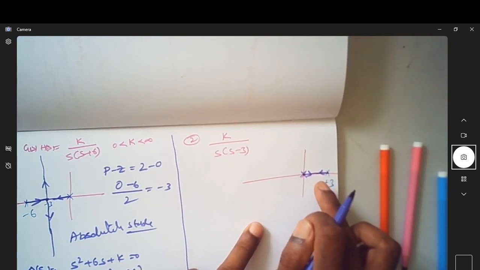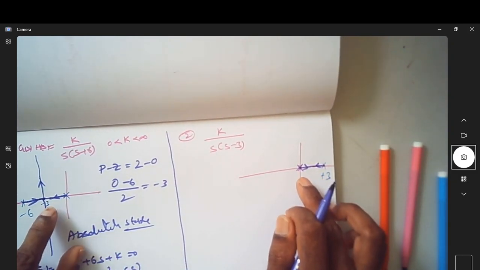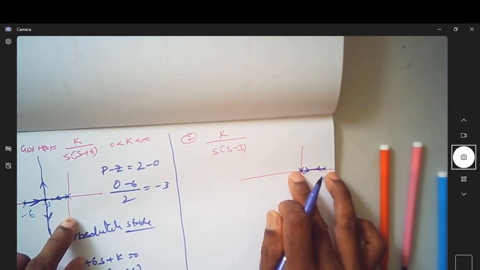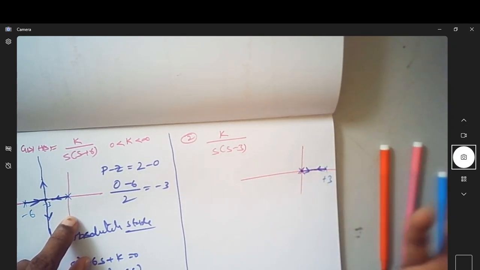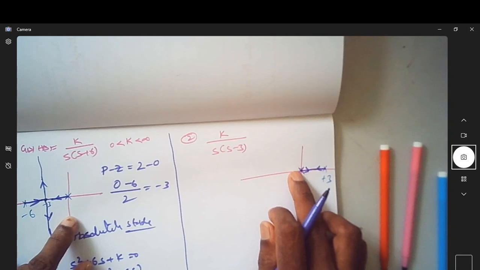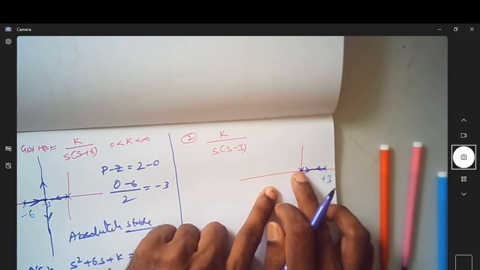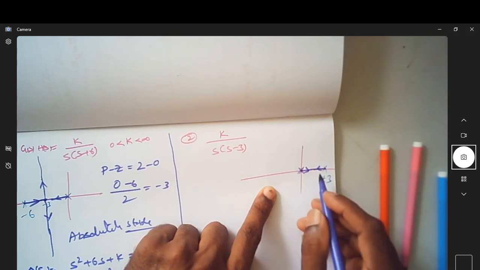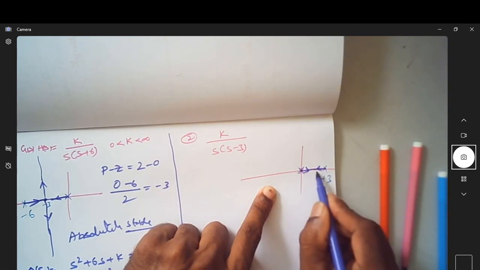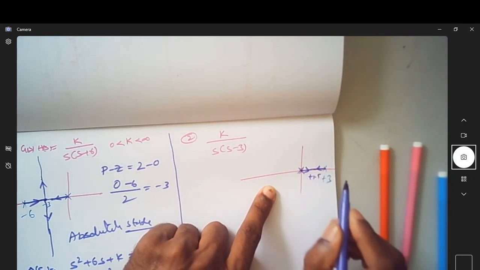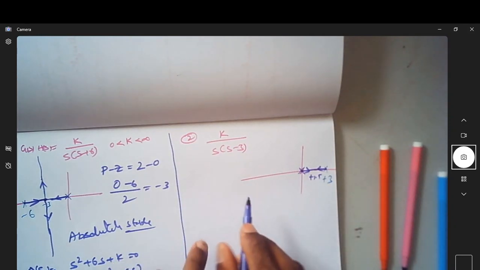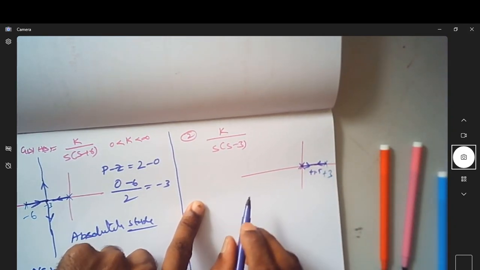Since you have only 2 poles, and of course one is on the real axis, on the right hand side of the S-plane, the breakaway point is exactly the midpoint of these two, which will be +1.5. And if you find the centroid, it will also be exactly 1.5.